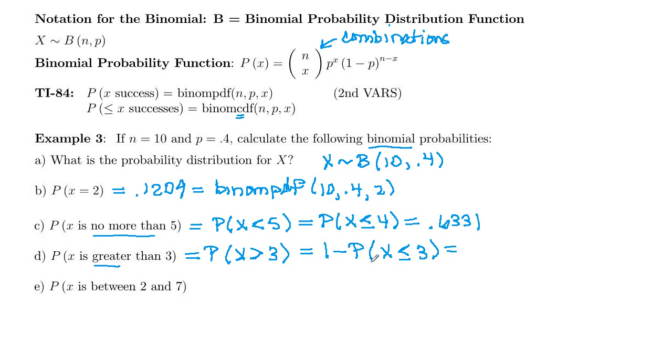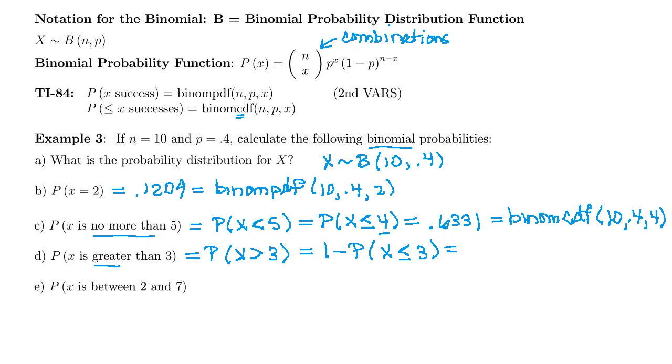Then this one we can do on the calculator. Let me write the command up here. This one was binomial, so binomCDF, and then 10, comma, 0.4, comma 3.